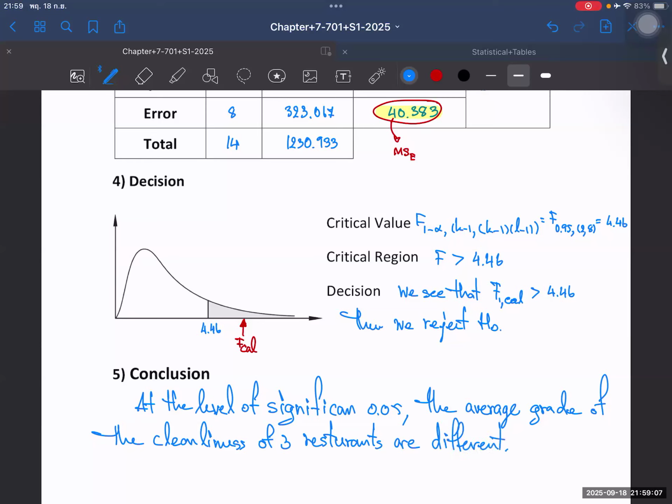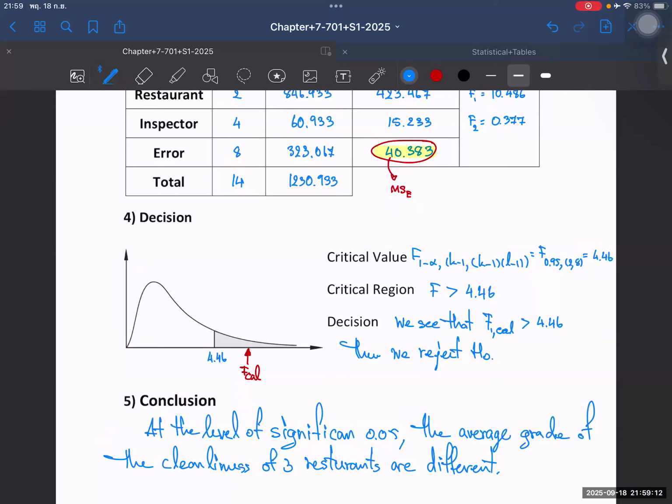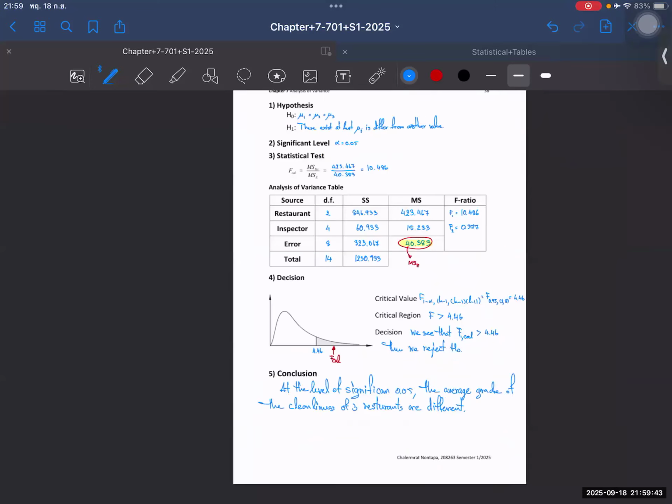Okay. Okay, now we see that we have the difference among the treatments, so we go to the next process right now.